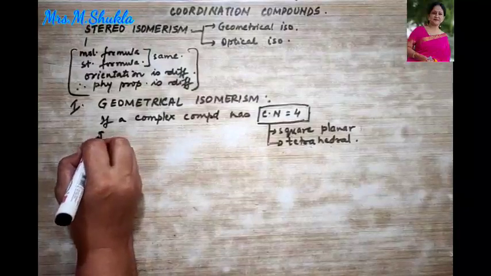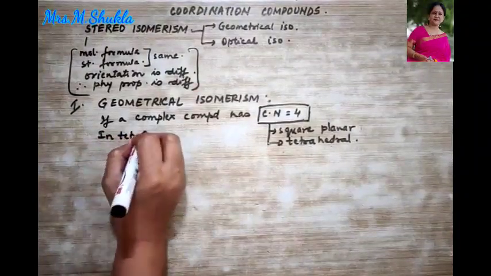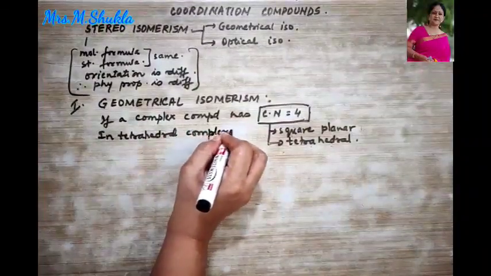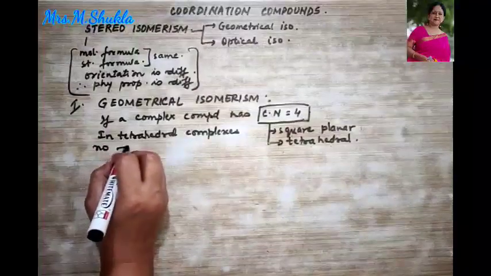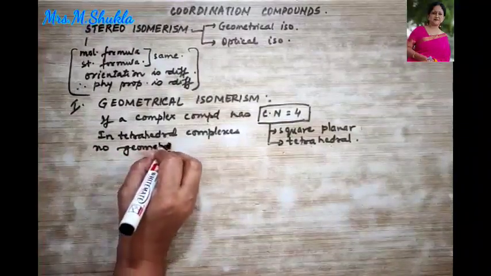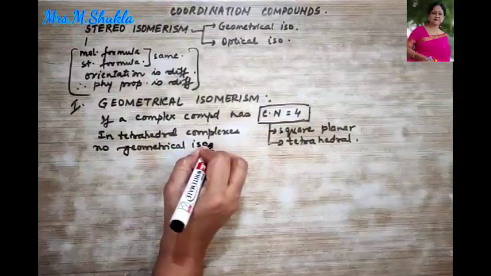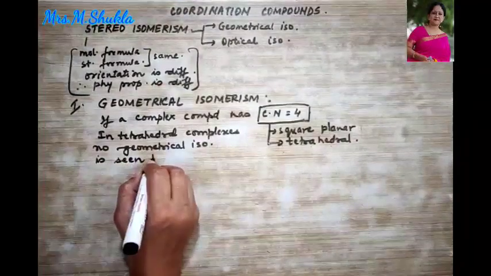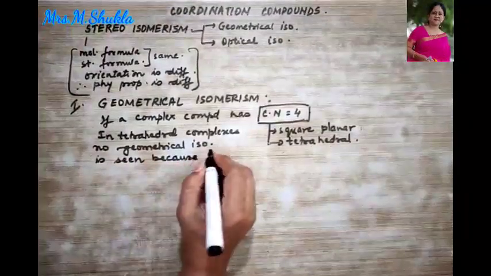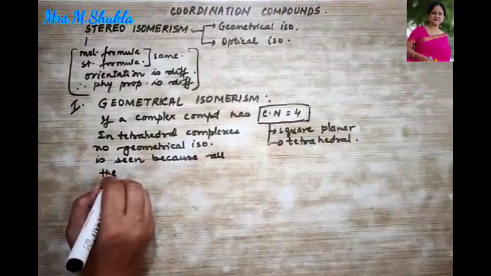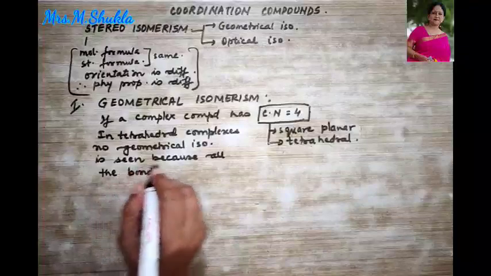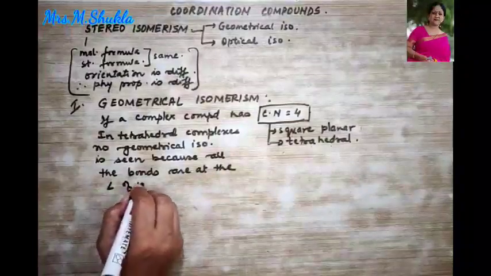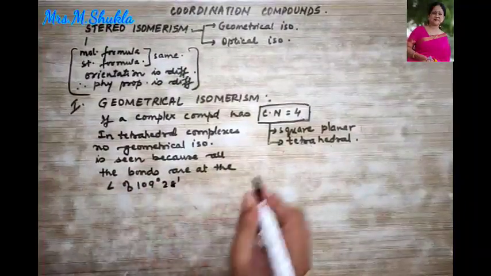I am mentioning it over here. In tetrahedral complexes, no geometrical isomerism is seen because all the bonds are at the angle of 109 degree 28 prime.